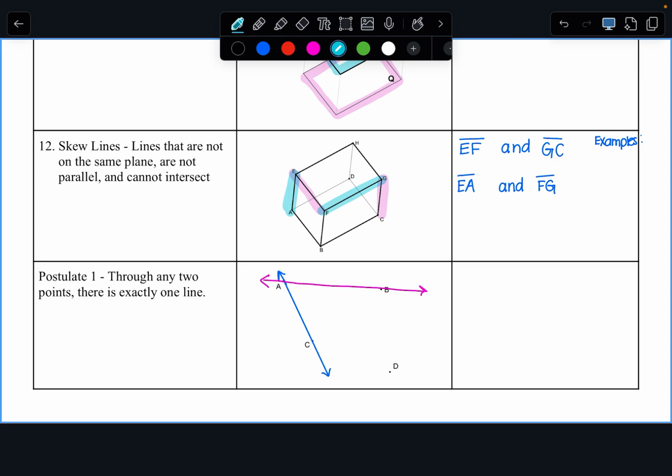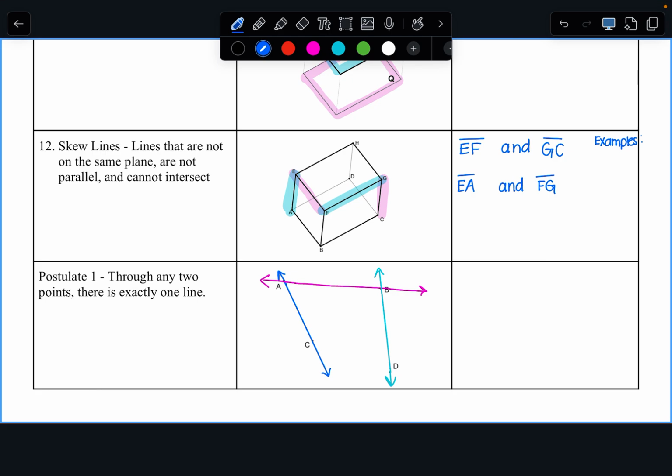So as you'll see, no matter what letters we choose, there is only one line that will go through those two letters. That's it for that one.